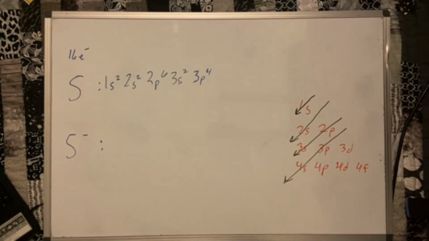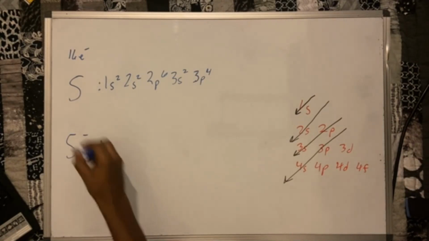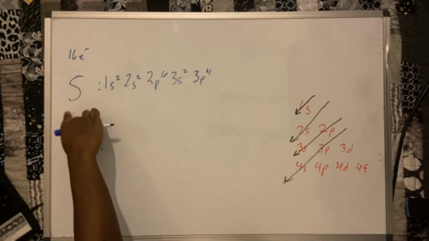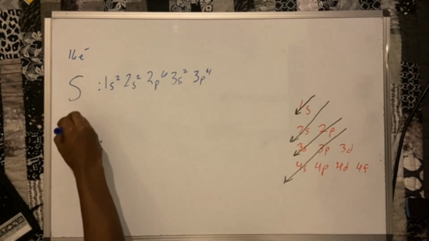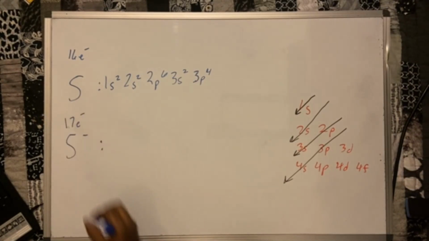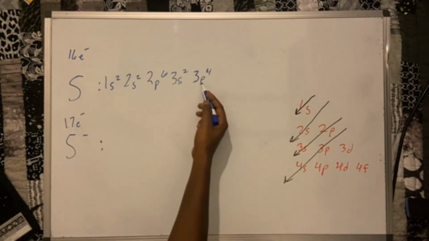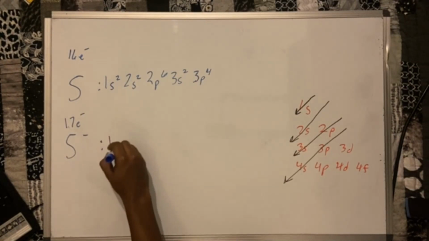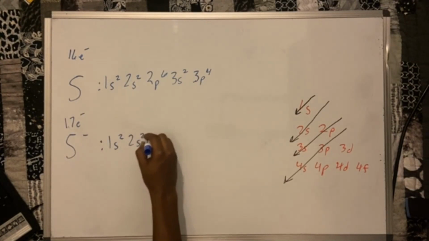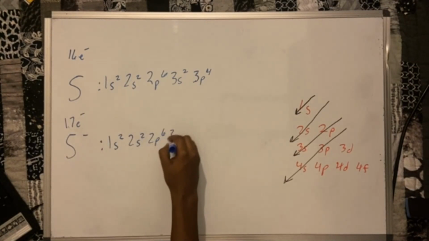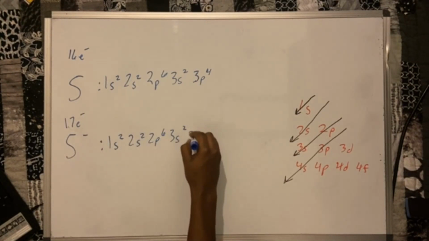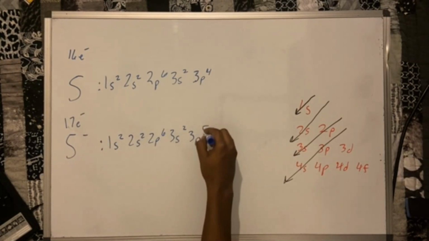Then to get our S minus, surprise, surprise, this has one more electron, right? So I just smack another electron into my highest orbital. So I go 1s2, 2s2, 2p6, 3s2, 3p5. There it is.